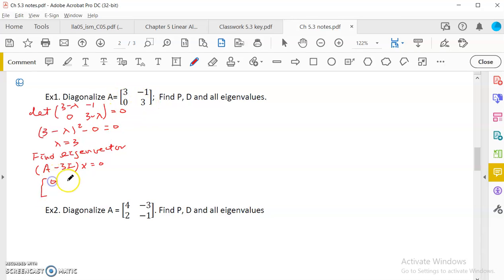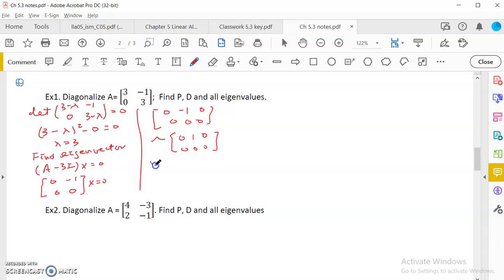So we have 0, -1, 0, 0, times x equal to 0. I do an augmented matrix of 0, -1, 0, 0, 0, 0. The RREF would become 0, 1, 0, 0, 0, 0.